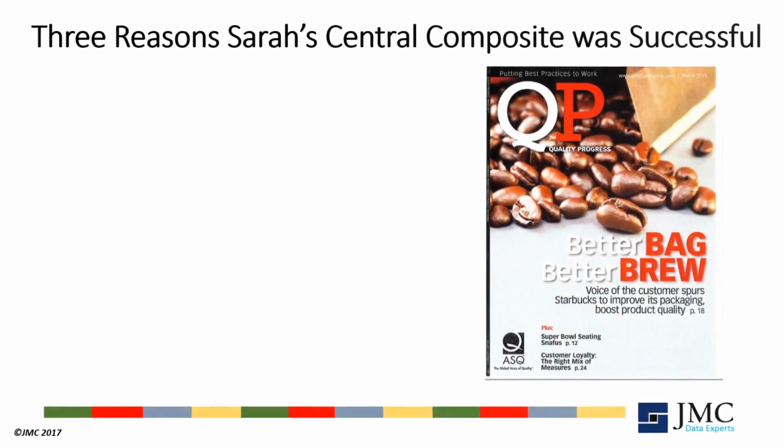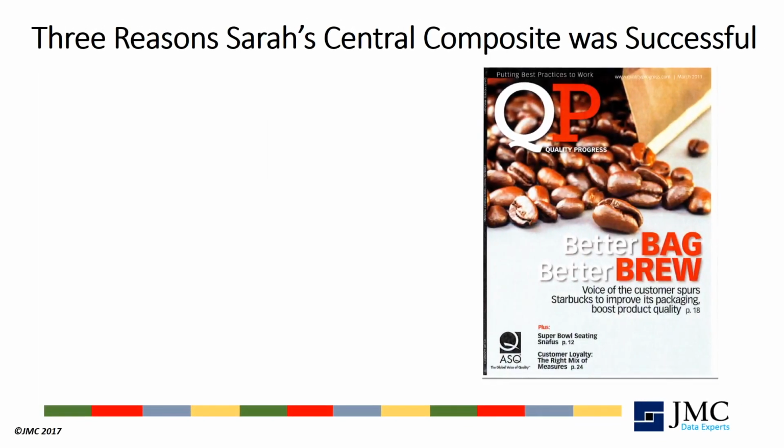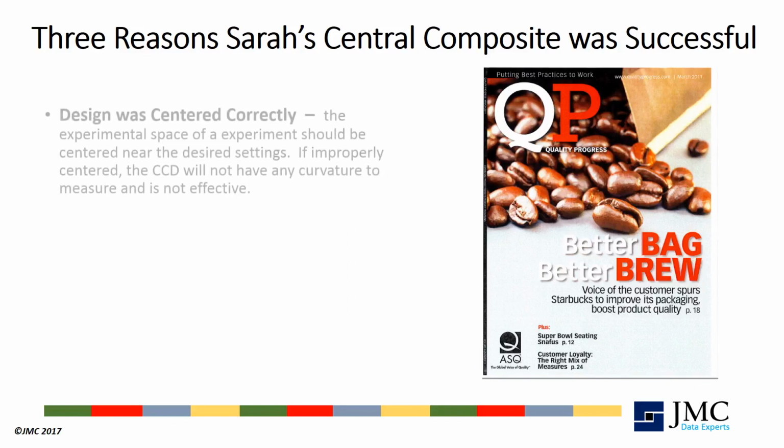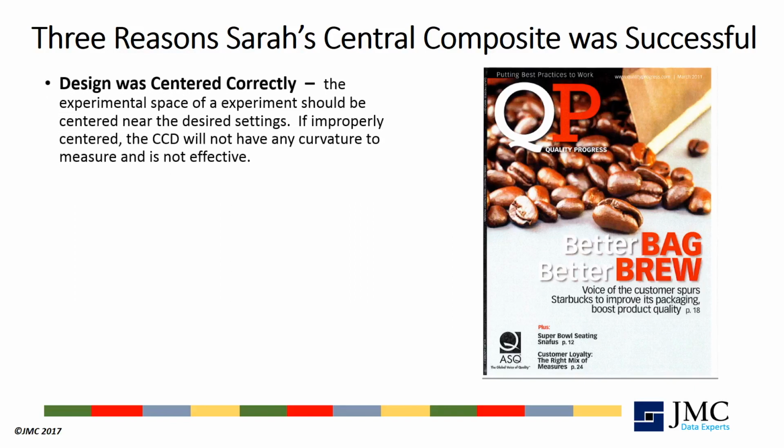The success of Sarah Burrows' experiment was documented in a Quality Progress article in March of 2011. Beyond the sound principles of the central composite, 3 other features were key to her success. First, information from previous factorial experiments was used to estimate the sweet spot for the center of the design. For the central composite to be successful, it should be centered near promising process settings.